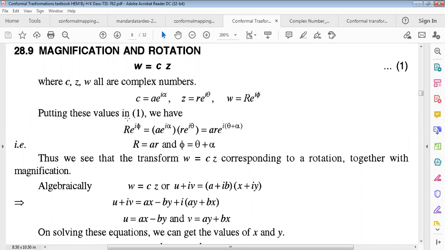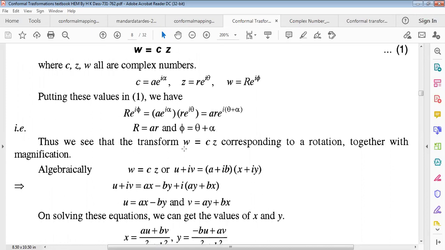Now putting these values in equation 1, we can write capital R into e to the power i phi equals A R into e to the power i theta plus alpha. Power will be added when there is the same base. Now capital R equals A R, and the angle phi equals theta plus alpha.